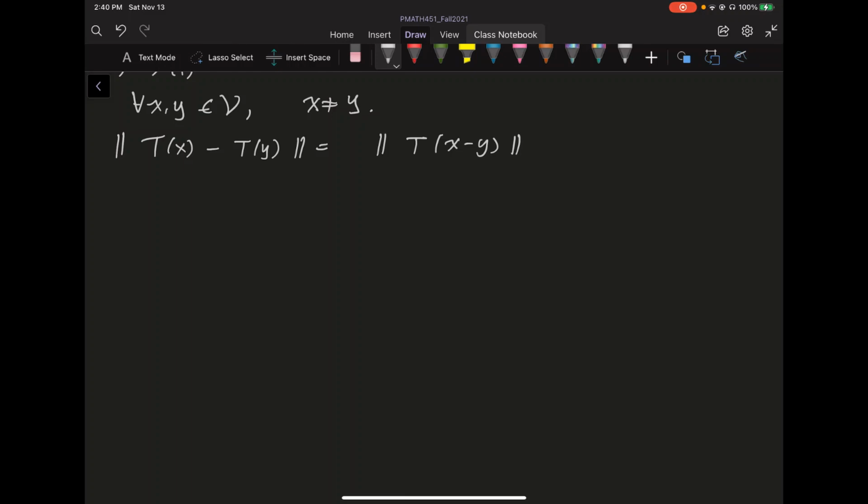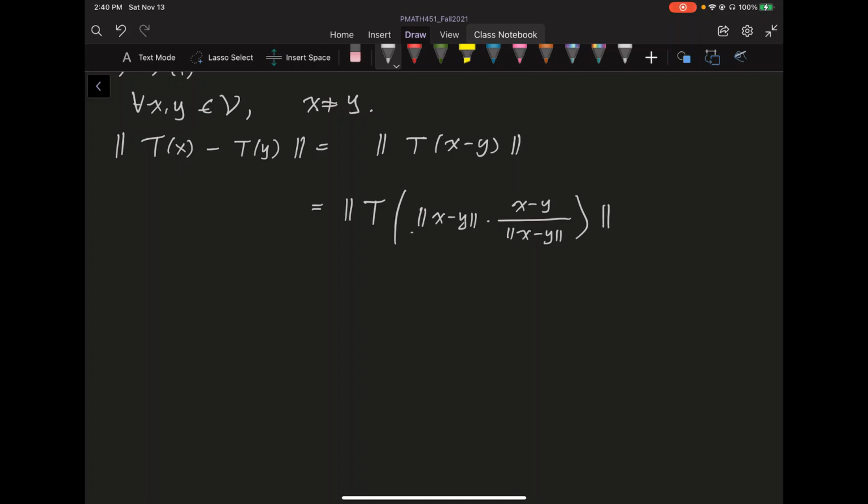Well, the norm of this vector may be bigger than 1, but I can always normalize it by dividing by its length. So this is essentially T of, let's multiply the norm of their difference, and then let's divide it. This is kind of a standard trick in linear algebra.